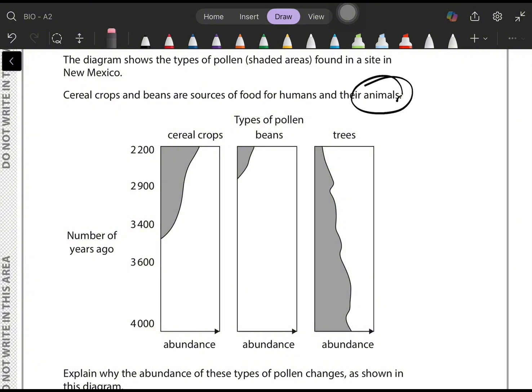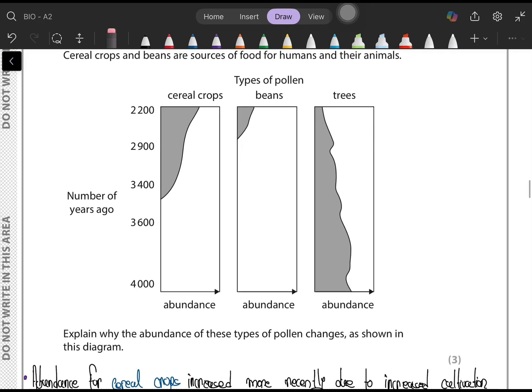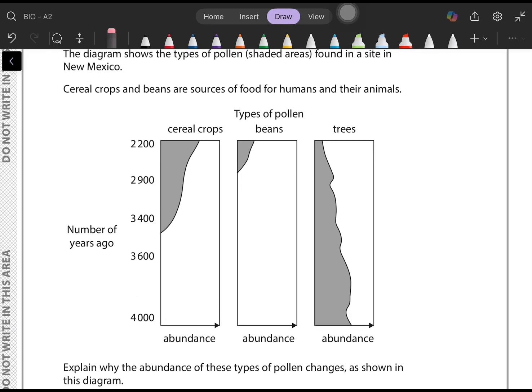Explain the abundance of these 3 types of pollen grains as shown in this diagram. From here I can see that the abundance of cereal crops in the past was smaller, but recently it increased, right? The recent increase could be due to cultivation for supporting food, to feed the animals and the humans, right?